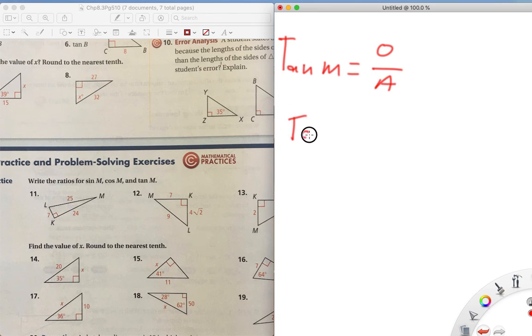So when we talk about tangent of m for number 11, the opposite side is 7 and the adjacent side is 24. So the trigonometric ratio for tangent of m is 7 over 24. So that's number 11. When we talk about number 12, here is our m now.